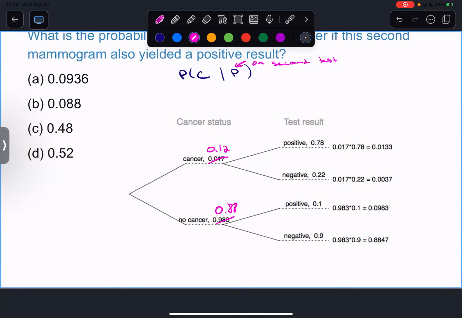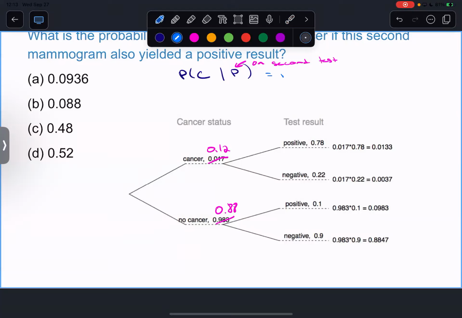So it alters those probabilities, but the positive and negative conditional probabilities don't change. So now the second test is being taken into account in the tree rather than the calculation up here. So then the calculation stays the same.